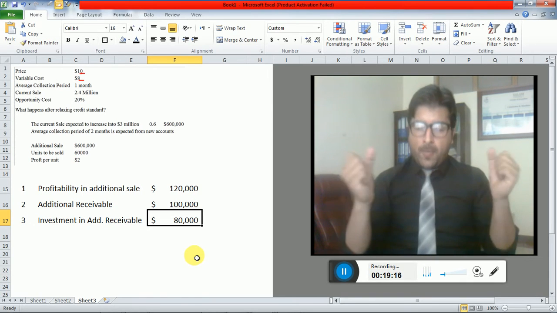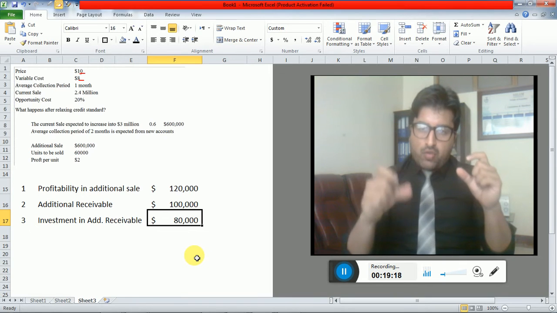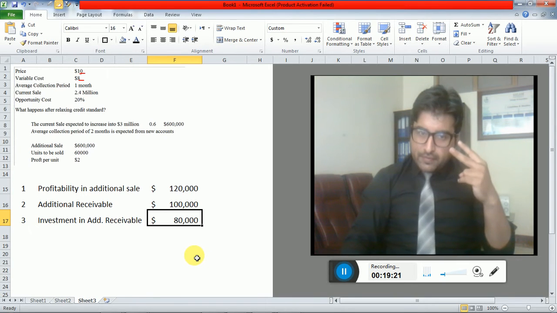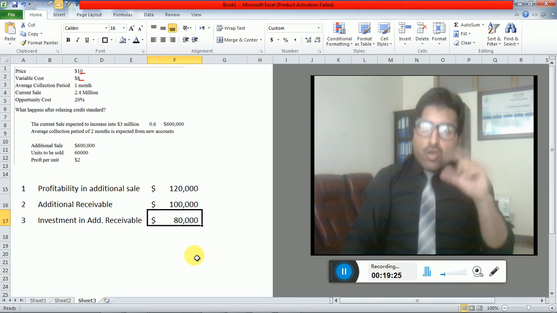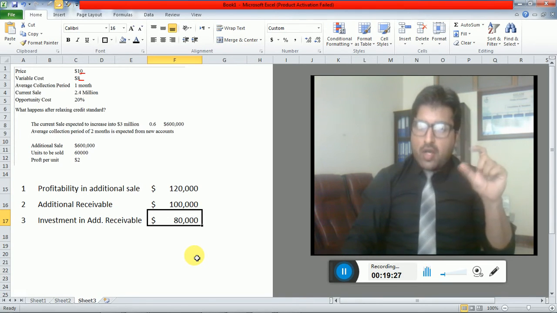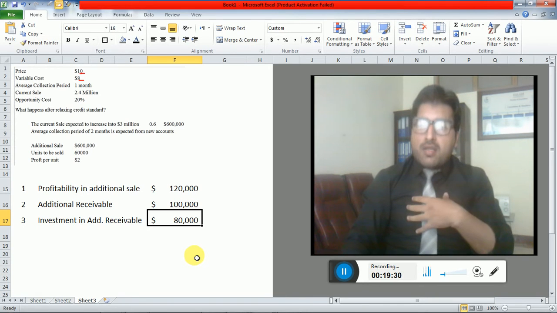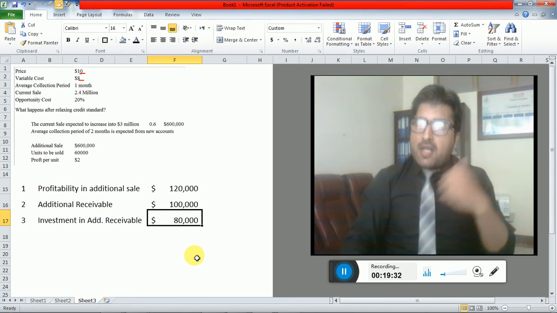In other words, if you collect $100,000 of sales from customers in each 2 months, $80,000 is our cost, and our cost is our investment.